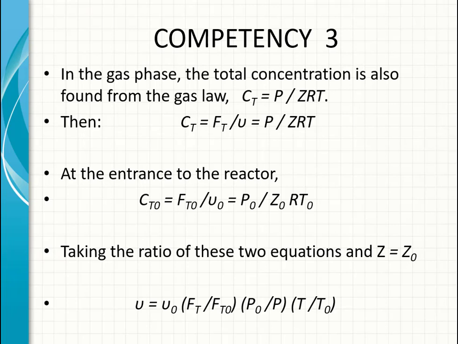And if we divide the first expression by the second one, we will have that v, the volumetric flow rate at the exit of the reactor, is going to be v0, the volumetric flow rate entering the reactor, times Ft divided by Ft0 times P0 divided by P times T divided by T0.